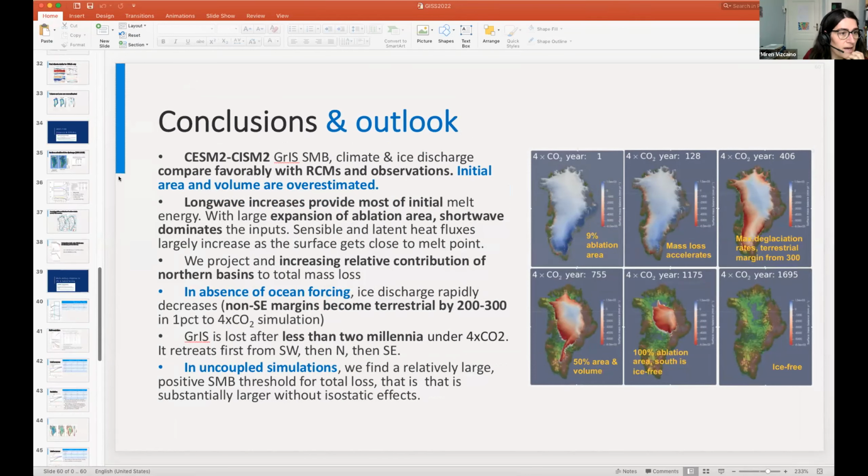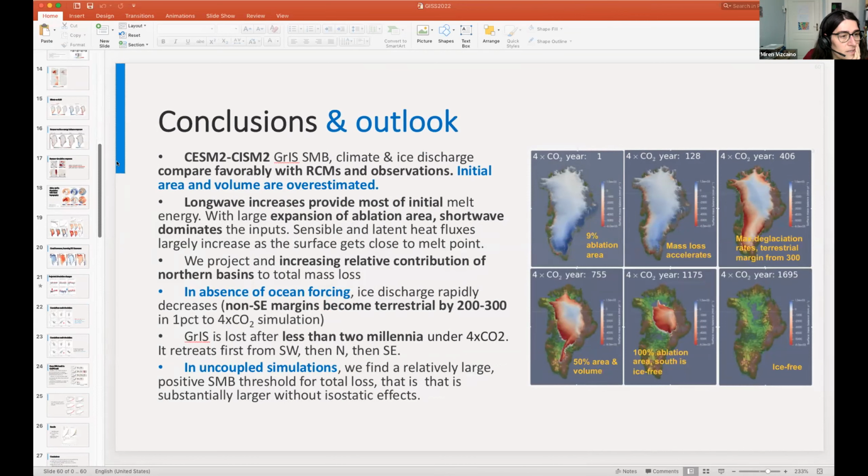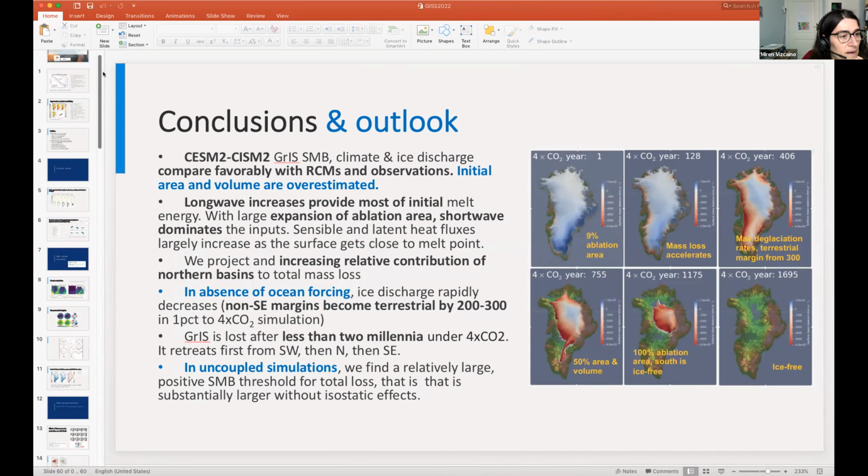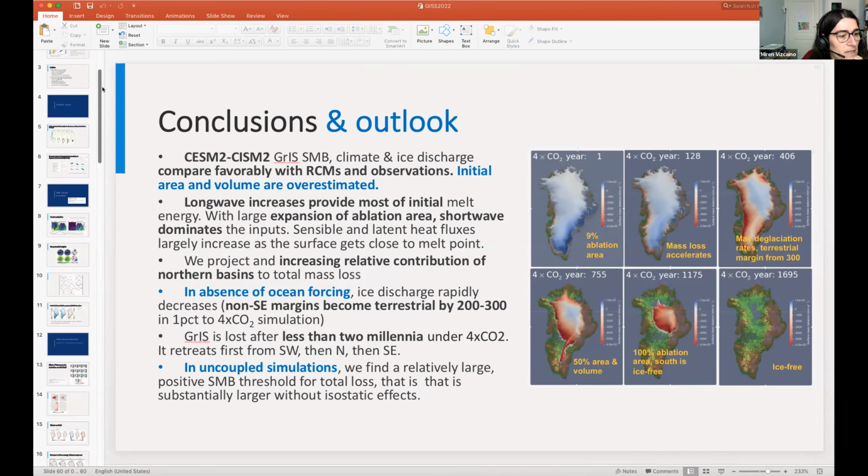I don't have the time series here about how things are evolving for the initialization.